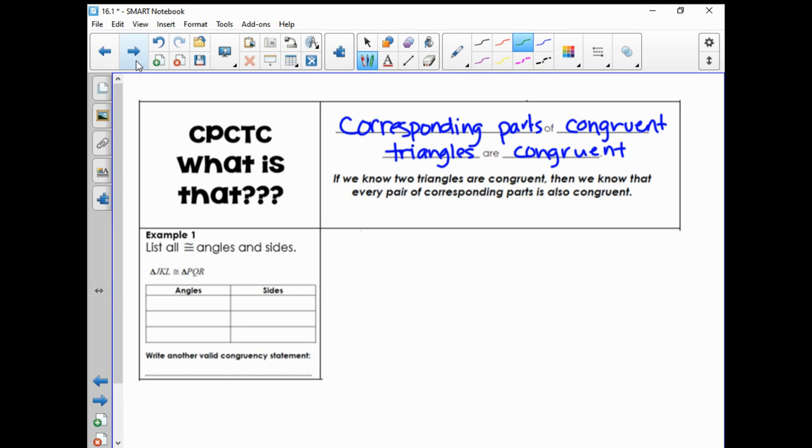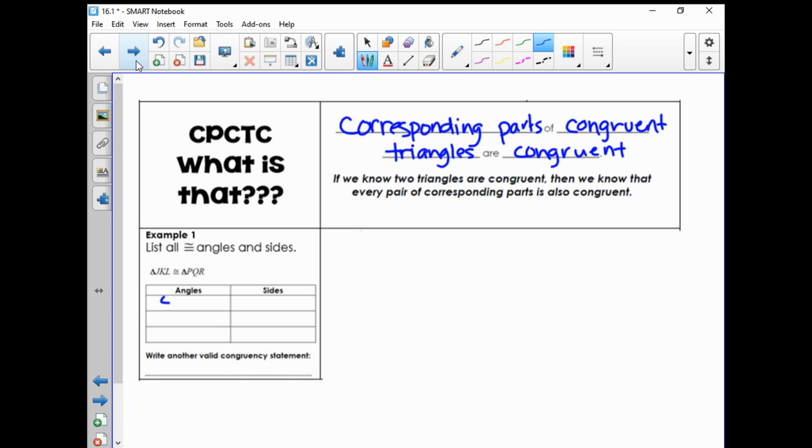So when we're looking at this example one, they've told us that this nice lovely triangle right here, I'm going to scoot this over just a little bit. Okay, so they've told us that triangle JKL is congruent to triangle PQR. So that means that when we talk about our angles right here, we can notice things about the angles. Let's look at the first triangle.